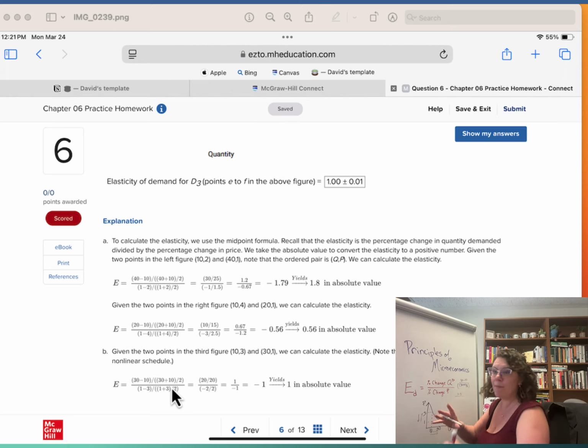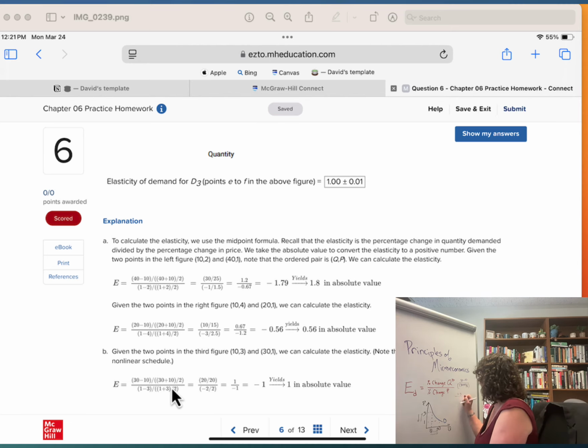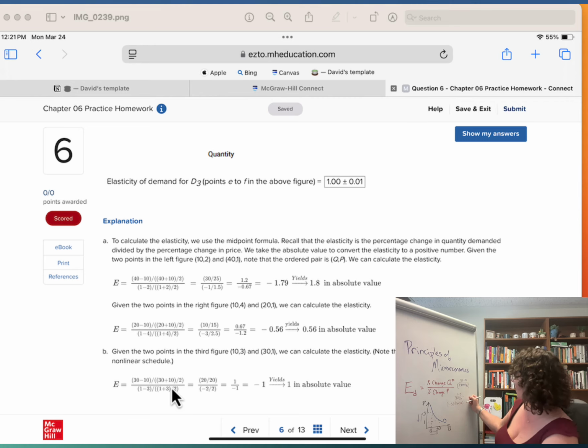And then they put it all in one long equation, but we could think about it this way as being, okay, now we stick the midpoint formula right here, 3 plus 1 divided by 2. And that's the same as saying 1 minus 3 divided by double parentheses 3 plus 1, and close one parentheses divided by 2, close another parentheses. And that would give us that same equation.